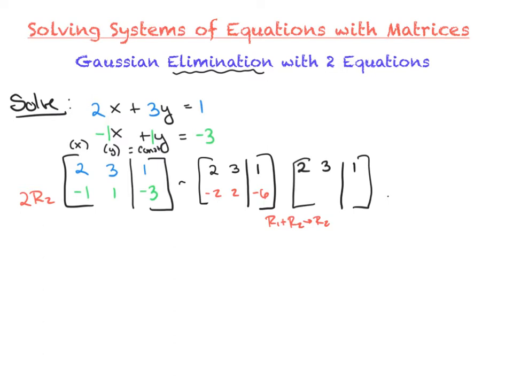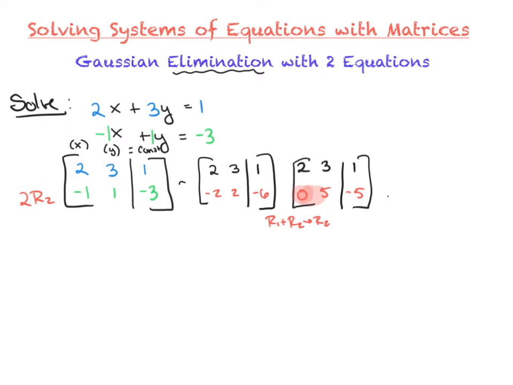So 2 plus negative 2 is 0. 3 plus 2 is 5. And 1 plus negative 6 is negative 5. Awesome. We did what we wanted to. We got a 0 in that first column.